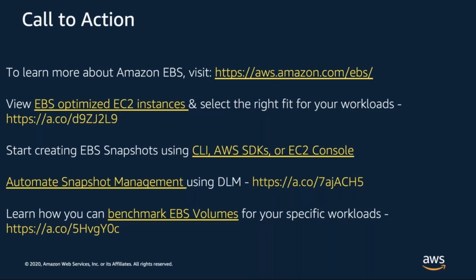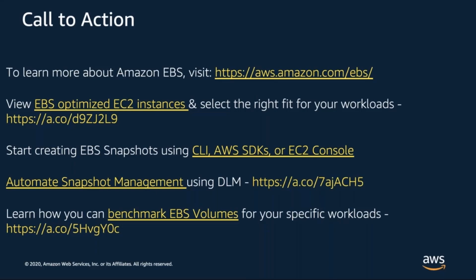Start creating EBS snapshots. Whether you use DLM or AWS SDKs or the EC2 console or AWS Backup, the snapshot behavior is the same. They're all incremental copies saved into S3 with S3 durability.